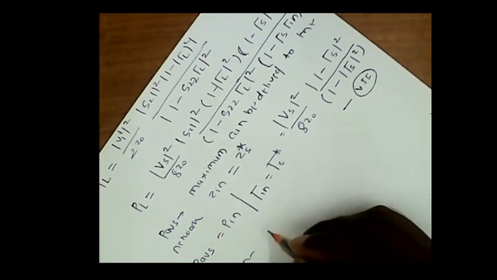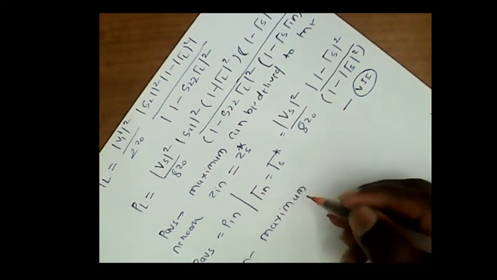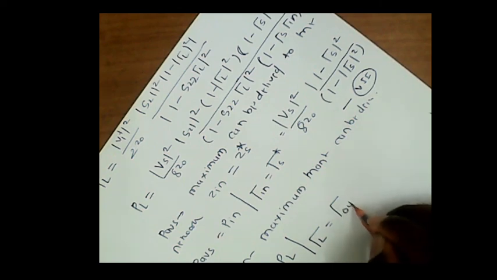Similarly, we can find the power available from the network. The power available from the network is the maximum power that can be delivered to the load. This happens only when the load impedance equals the output impedance, so gamma L equals the complex conjugate of gamma out.